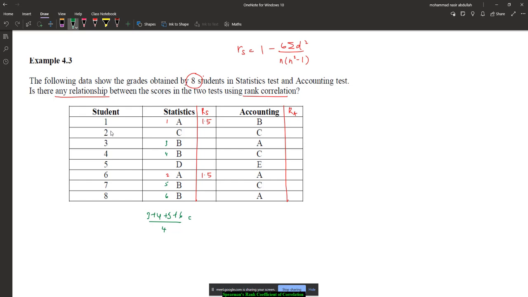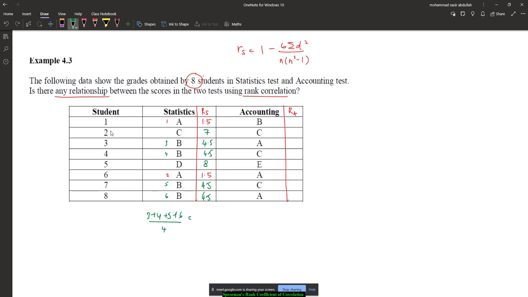So we will put it as 4.5. For C, it will start from 7, since the previous one ended at 6. So 7 and 8, right?